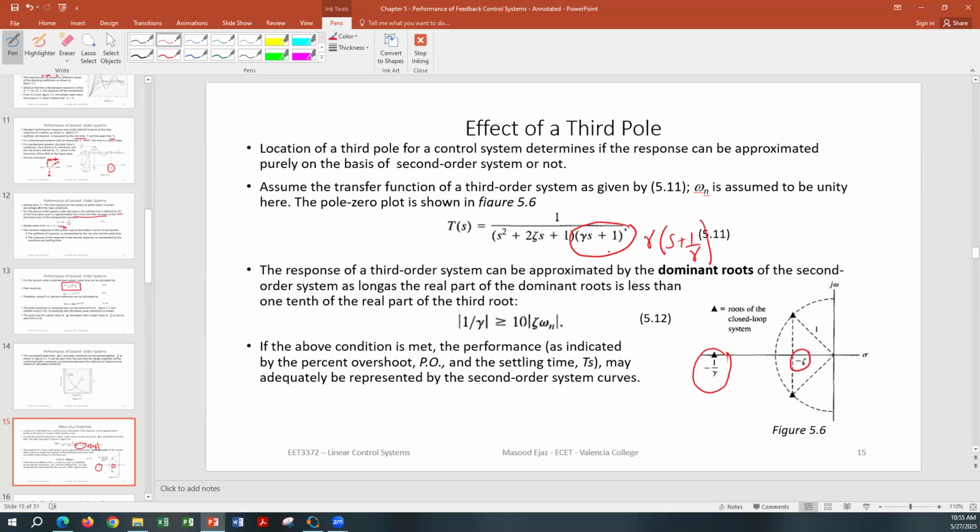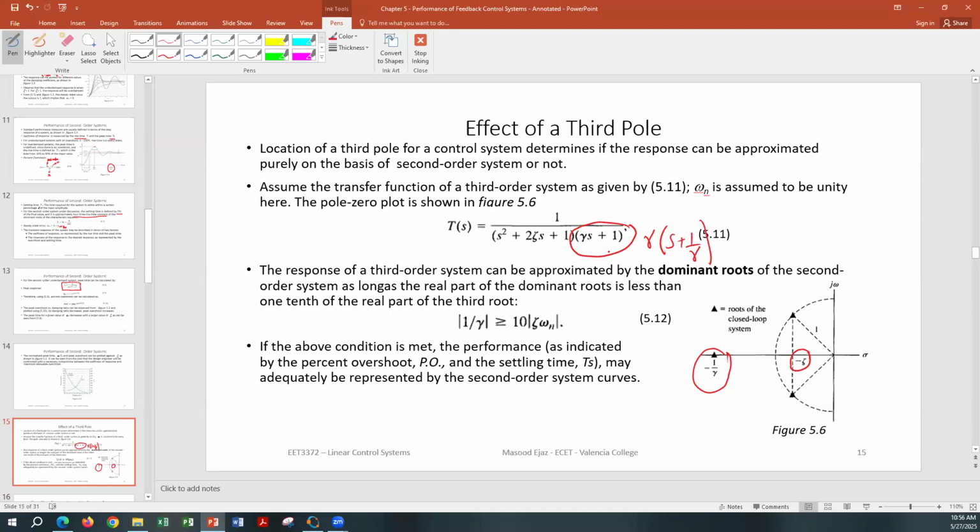So the response of the system will be predominantly because of the second order system. So that's what they are giving you, basically a threshold: if 1 over gamma is greater than or equal to 10 times zeta omega n. So if the difference between the two is 10 times, and we are assuming omega n is 1 in this case, but omega n could be any value.